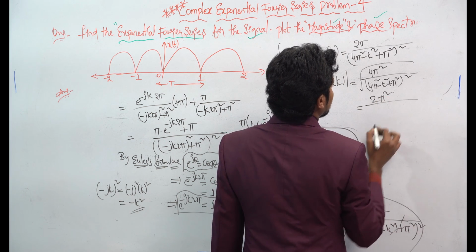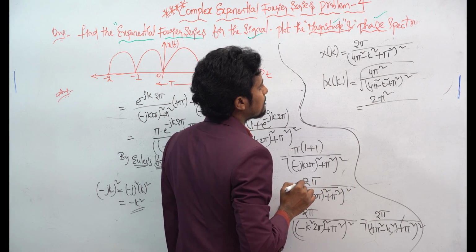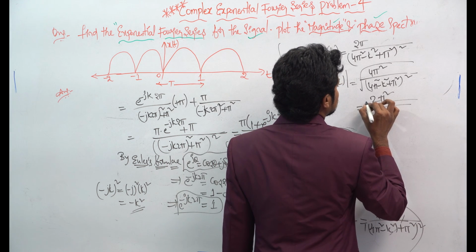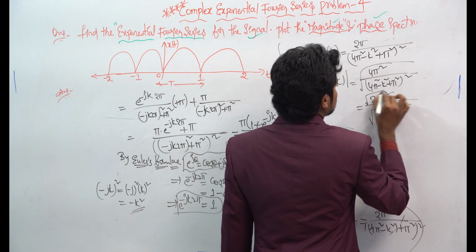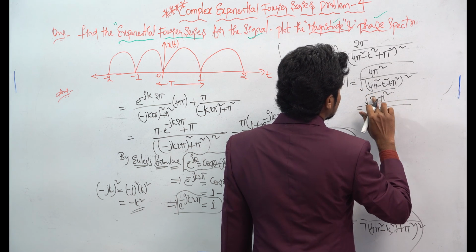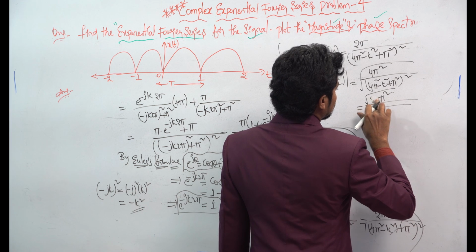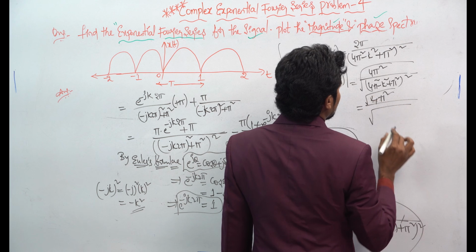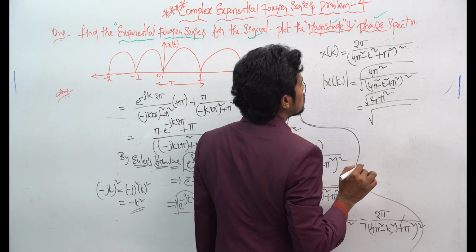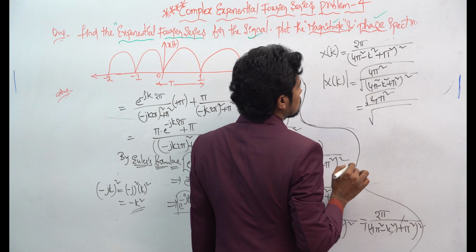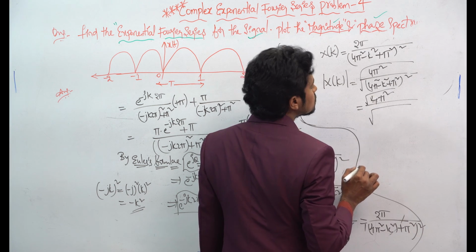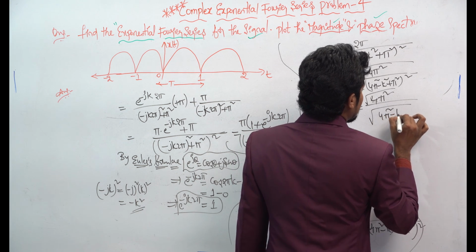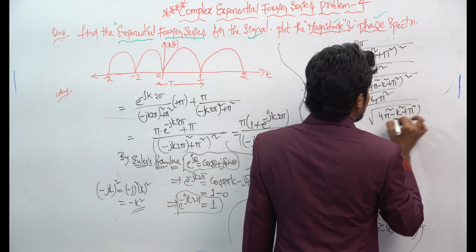So here this is 4 pi whole square divided by (4 pi square minus k square plus pi square) whole square.